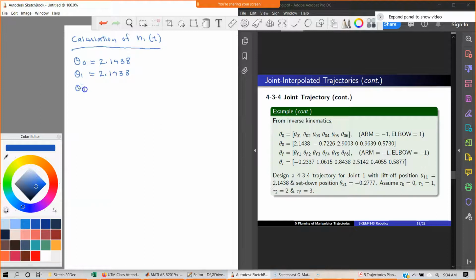Then theta 2 is this one, right? Minus. Okay. Theta f is given by this, right?